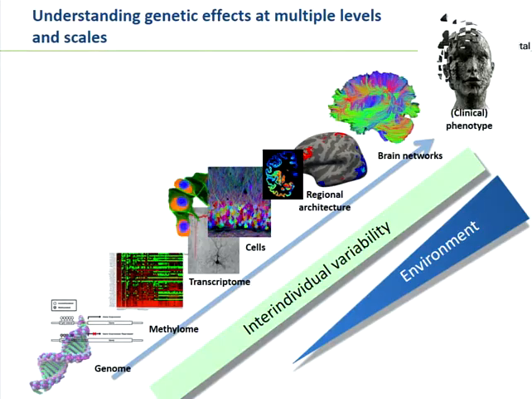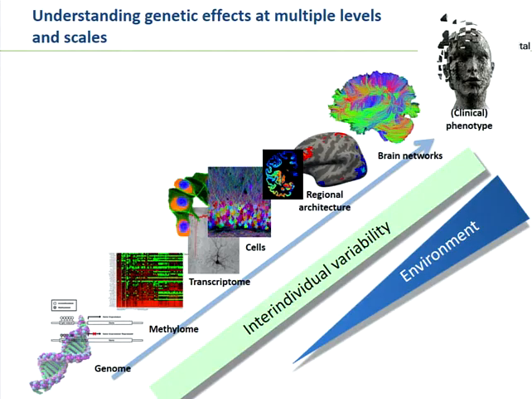Just to show you this overall picture, we have multiple levels and scales that lie between the genomic information, the heritable information, and the clinical phenotype. In genetics, we are working at that level.